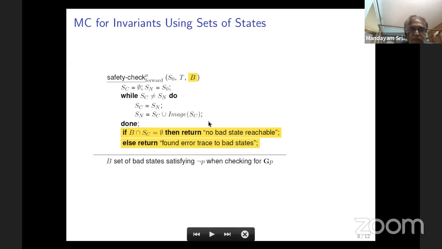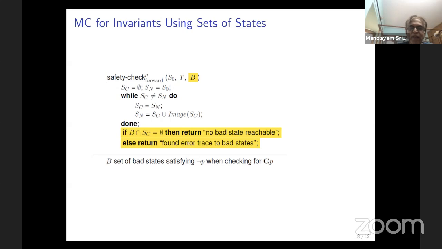So this is not the smartest way to do it, is it? If you really want to check G of P using this, you don't have to wait until you exit the loop to actually check. Instead, you can move this check inside and see if at any point you end up reaching a bad state.